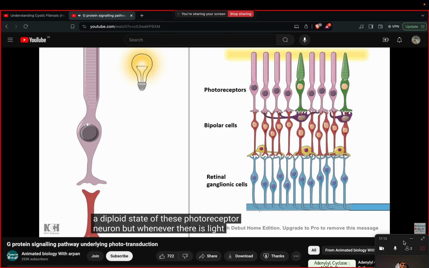But whenever there is light, less neurotransmitter is released from the terminal, because whenever there is light, there is activity of the cyclic GMP phosphodiesterase and reduced activity of our cyclic nucleotide gated channels, and that's why the neuron cannot be in a depolarized state. The neurons in presence of light are now in a hyperpolarized state.